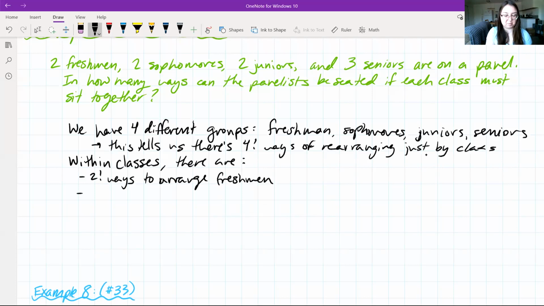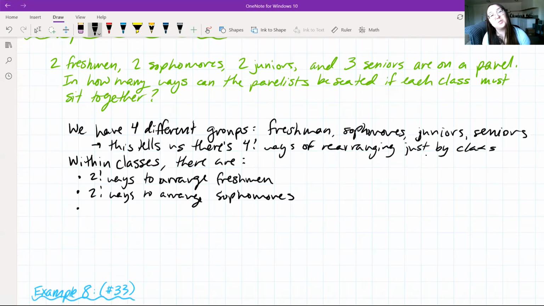That's not a negative, I'm just making a point. I'll make that a dot. And then also for sophomores, there's 2 sophomores, so we have 2 factorial ways to arrange sophomores.